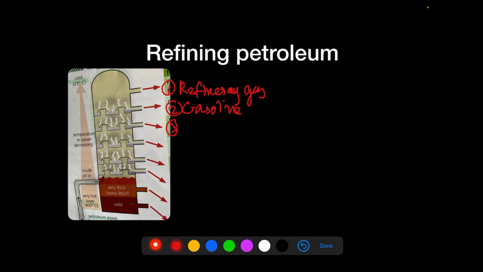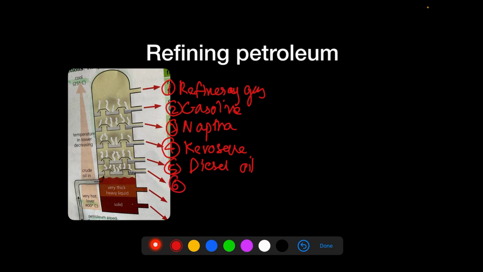Thirdly, we have naphtha. It is used as chemical feedstock according to the syllabus guide. The fourth fraction is kerosene, which is used for jet fuel. The fifth fraction is diesel oil, which is used for fuel in diesel engines.